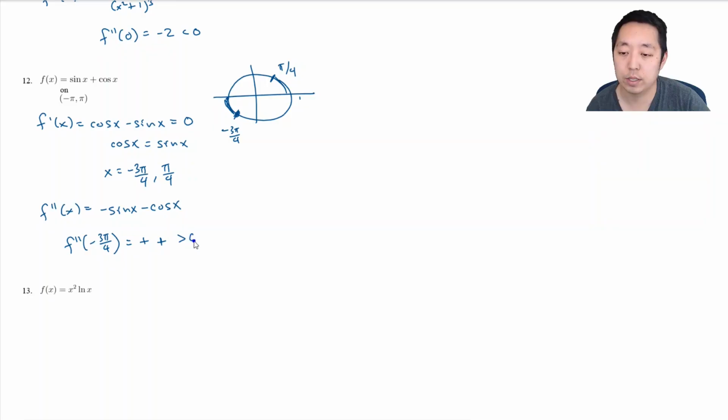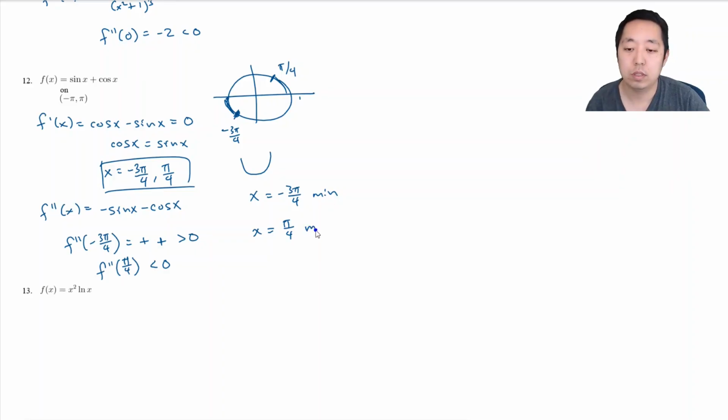So this is going to be greater than 0. And the second derivative at pi over 4: sine and cosine are both positive in this case. So this is a negative minus a positive, that's less than 0. I don't need to compute the exact number. I just care what the sign is. So when it's concave up, so these are my critical points. So x equals negative 3 pi over 4 is a min. And x equals pi over 4, because it's concave down, it is a max.